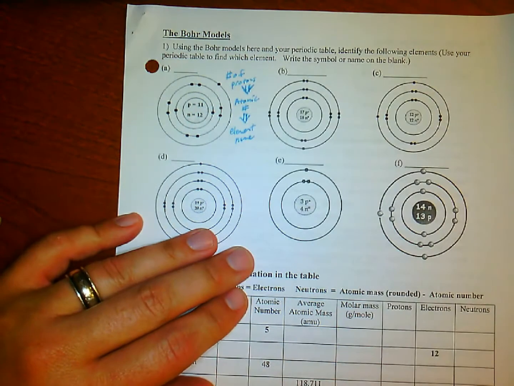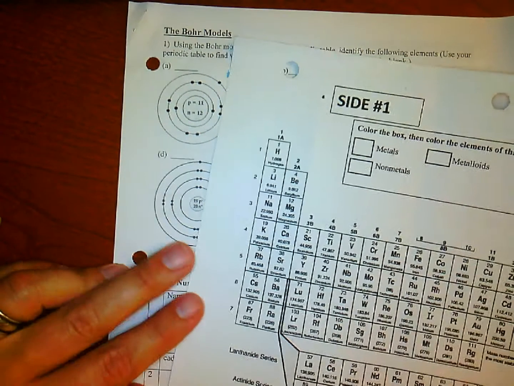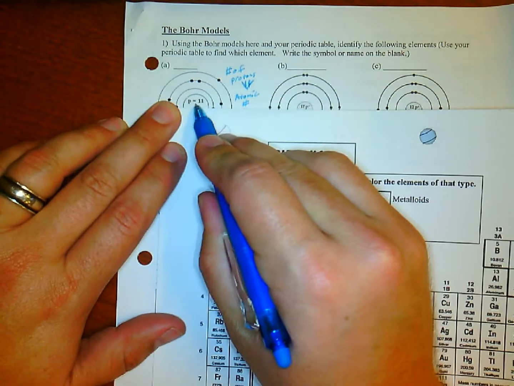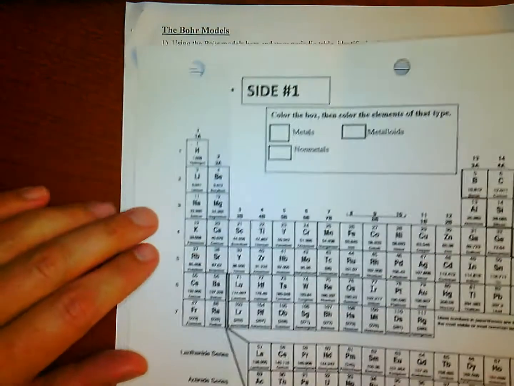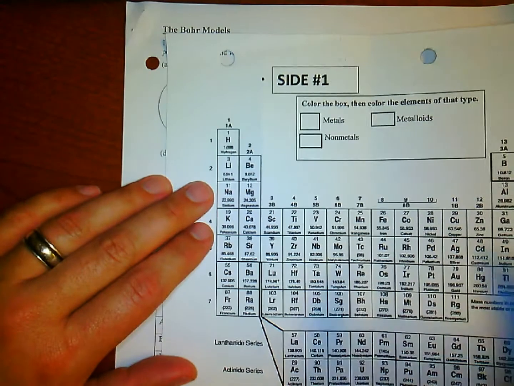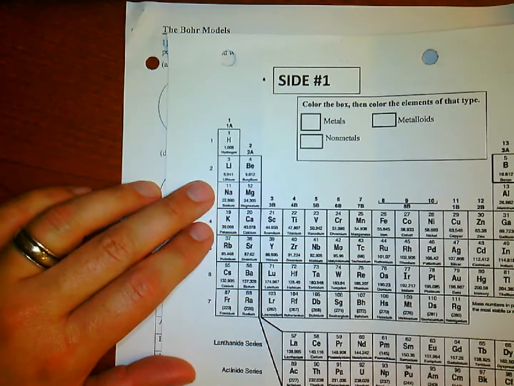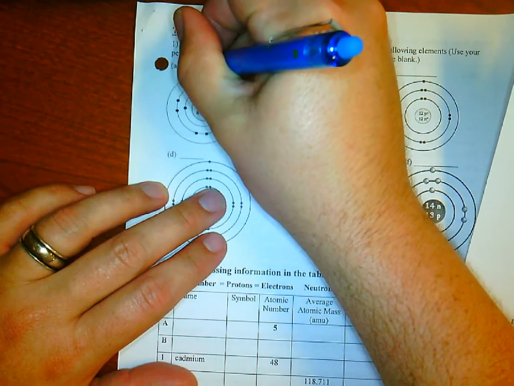So for example, if I look at my periodic table, I'm looking for P. You see, it tells me there P equals 11. P is protons. So I look over here in my handy dandy periodic table, atomic number 11, it's right there. So this element must be Na, and Na stands for sodium.